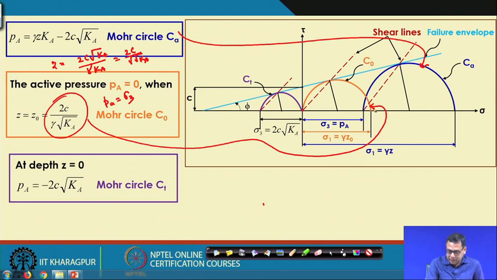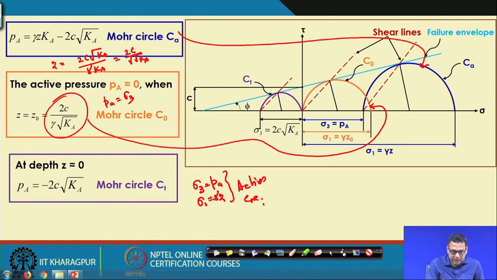Now if I put z equal to 0, the gamma z into K part is 0. You know that sigma 3 is equal to P_A and sigma 1 is equal to gamma z, this is for the active case.